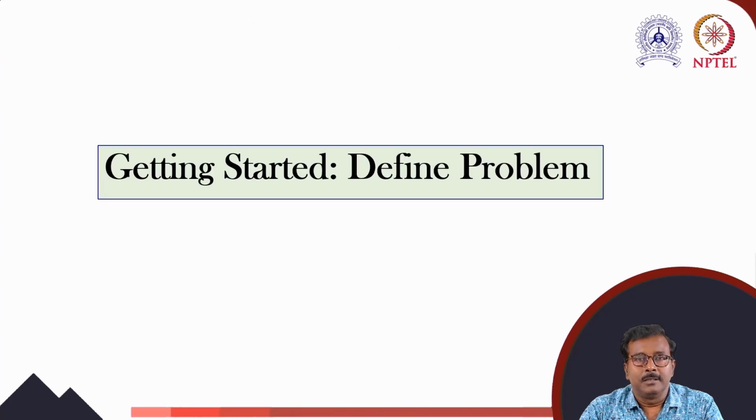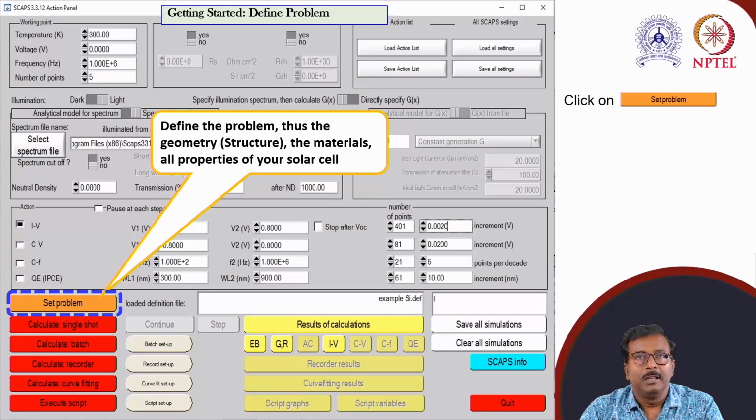Getting started. First you have to define the problem. This is the first action panel, as I discussed in the last class. This window you can see after opening this. Here in the box you can find Set Problem.